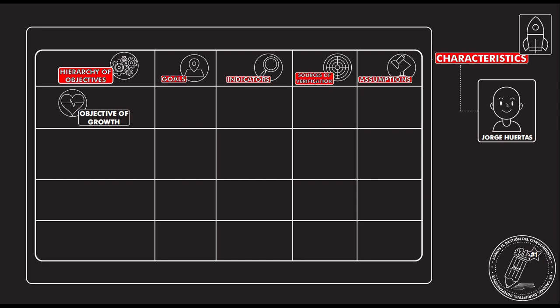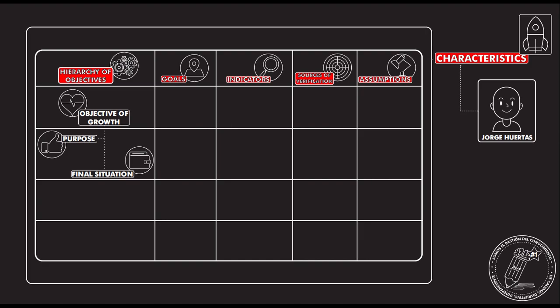So the first thing is that you need to have an objective of growth. It means that it will evolve through the process. But to evaluate this objective of growth, you need to have goals, indicators, and sources of verification. Each objective has to have a purpose and needs to have a final situation.